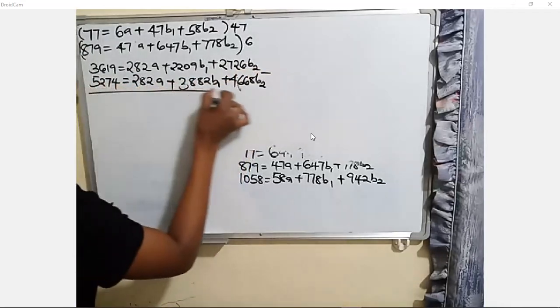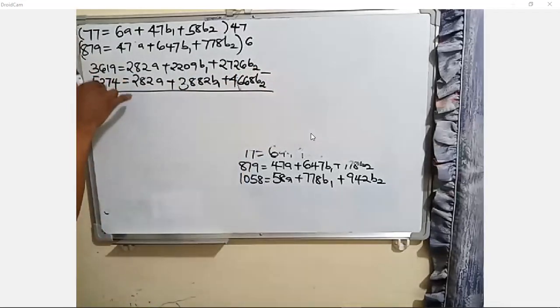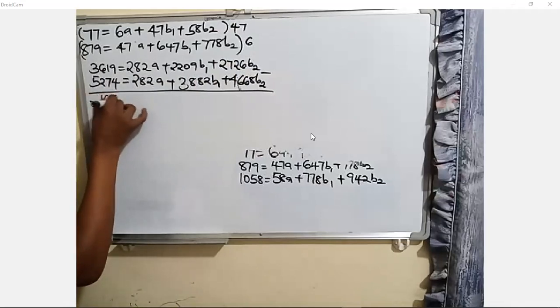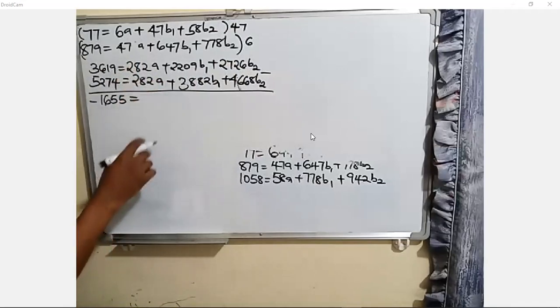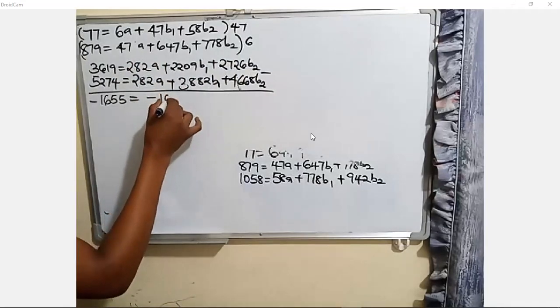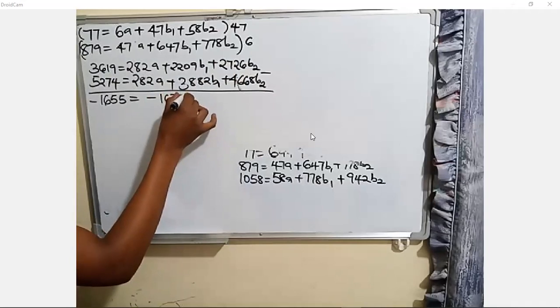Let us subtract, starting from here. 3619 minus 5274 is negative 1655, which is equal to, and this a term is 0. 2209 minus 3882 we get negative 1673, b1.